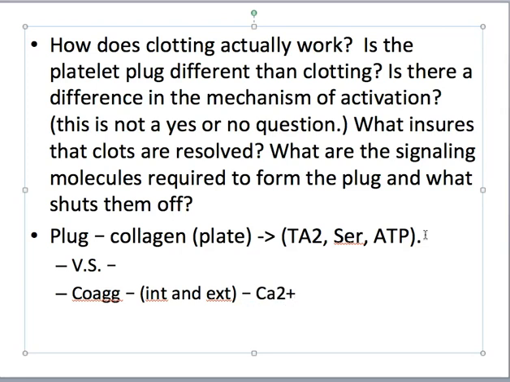So calcium is important in here, but ultimately we exit the final common pathway so that we take the soluble fibrinogen and we convert it into fibrin, F-I-B.